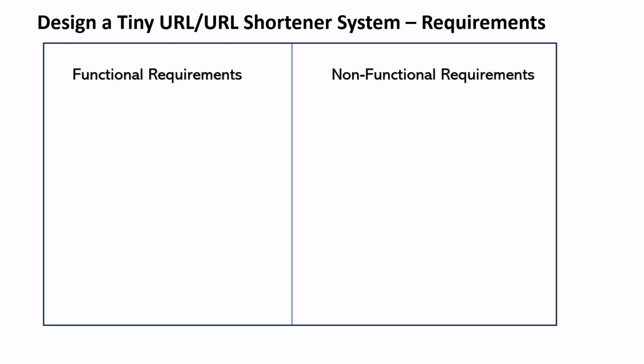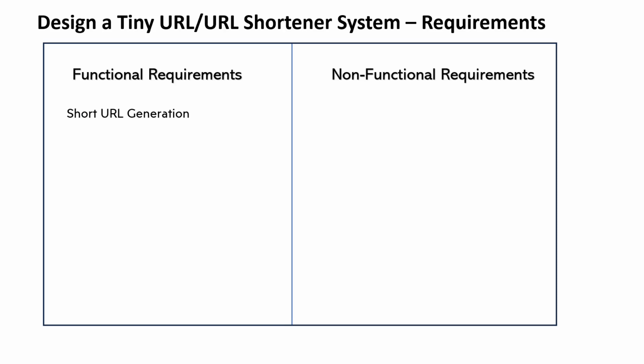So always cross-question the interviewer, clarifying which aspects in non-functional requirements are more important, and discuss that first before you go ahead with the designing. So let's see the requirements one by one.